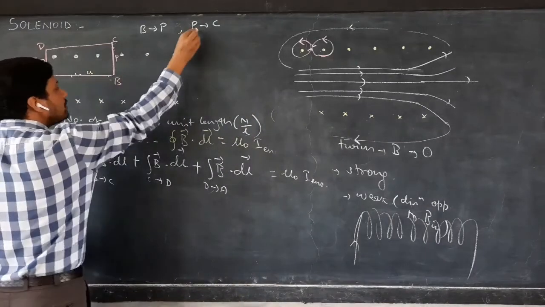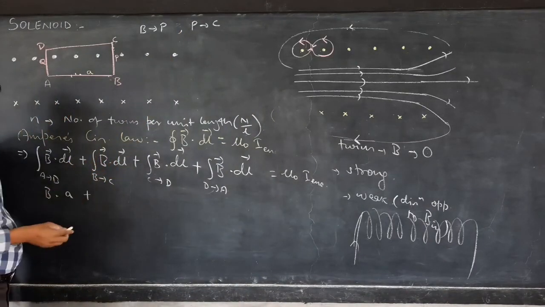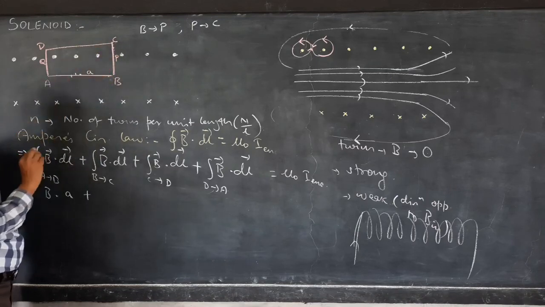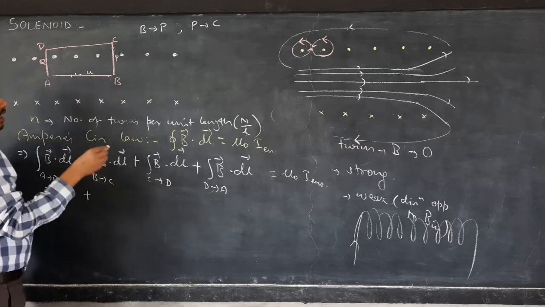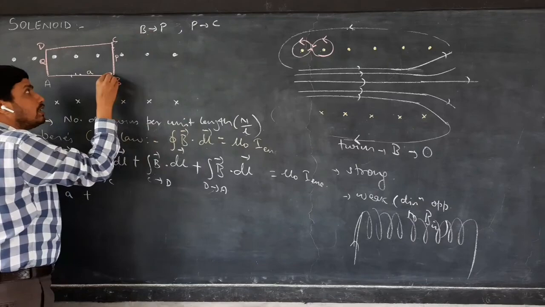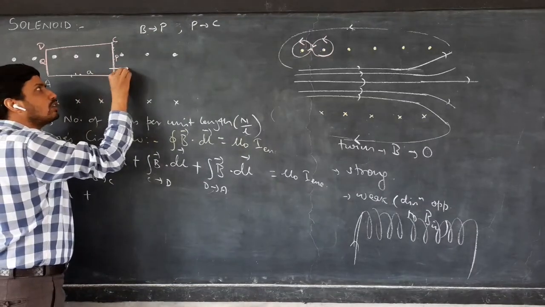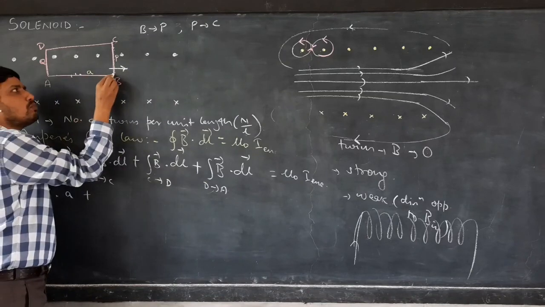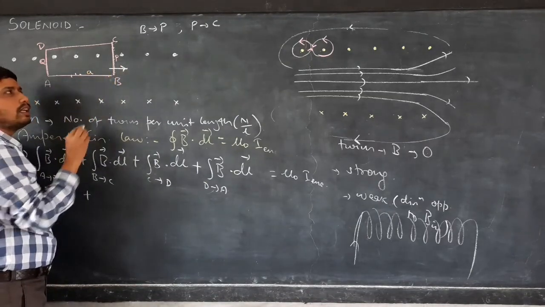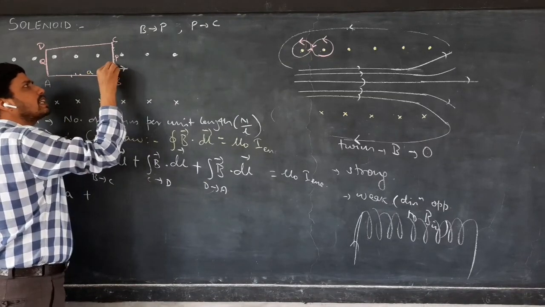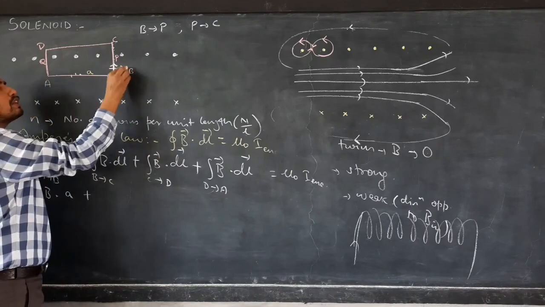If the magnetic field B becomes 0, then this integral will also become 0 from P to C. That is the reason. What about B to P? For points B to P, the magnetic field is not 0. The magnetic field is along the axis. But when we move from B to P, the dl vector will be directed perpendicular to the magnetic field vector.